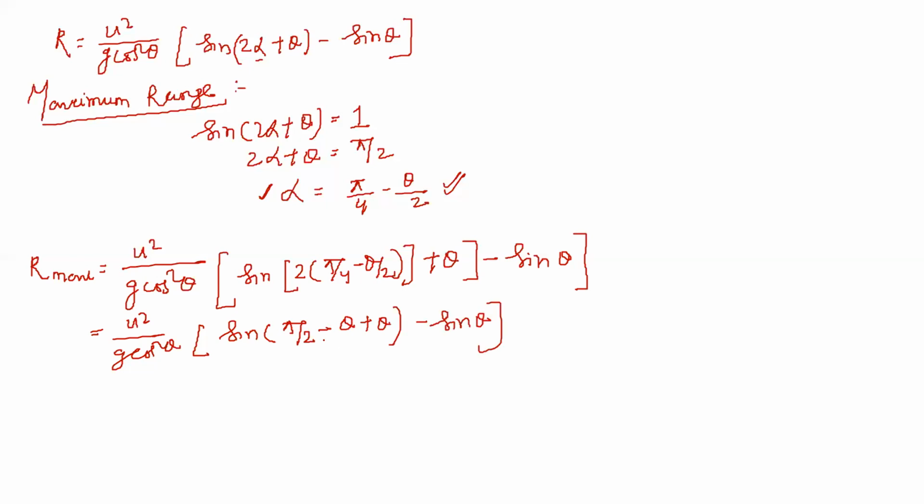So theta and theta cancel, sine 90. So R max is equal to u square by g cos square theta into 1 minus sine theta. Correct?